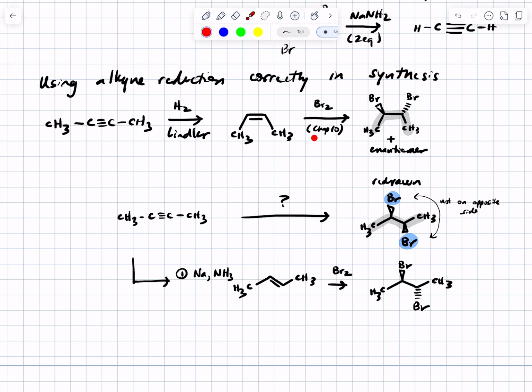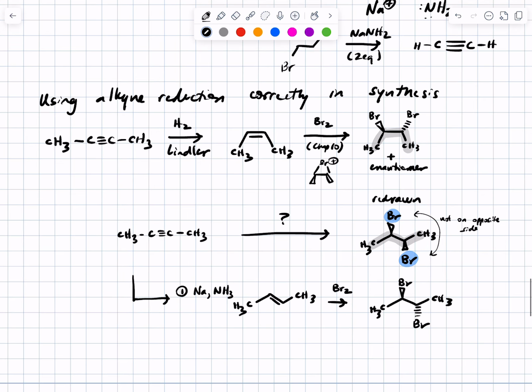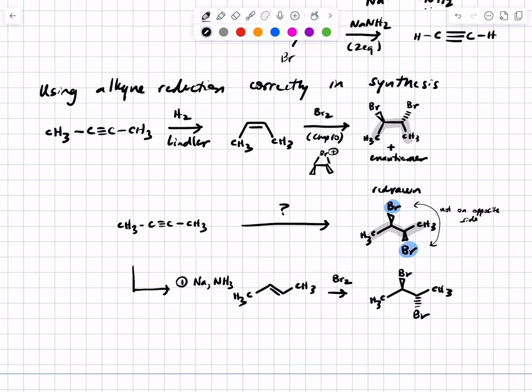So sure, if you can do that mechanism where you show the bromonium ion intermediate and you show that being opened up from the back side, that can be tremendously helpful. I'll just encourage you to check your work. If you think backwards and propose a synthesis, at least check your work and do it in the forward direction so you make sure you get the stereochemistry right.